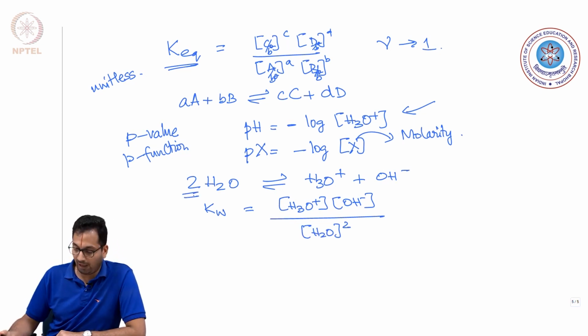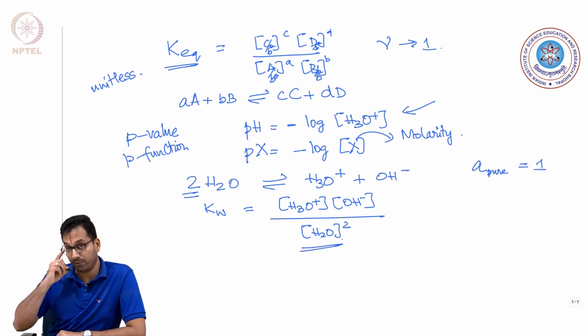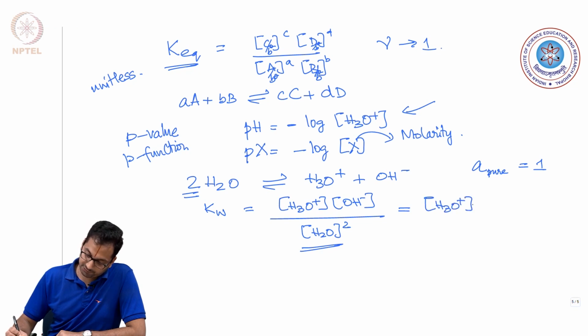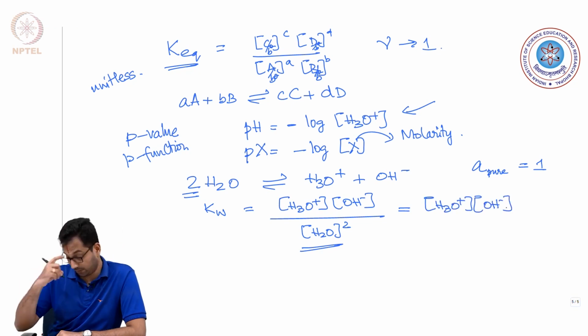But remember, the activity of a pure solvent is set to 1. So, therefore, the denominator goes to 1. It is a general misconception among students that we tend to put water as 1 just because it is in excess. That is not correct. We put the activity of anything that is pure to 1. Thus, Kw gets reduced to the product of the concentrations of the hydronium ion and the hydroxide ion.